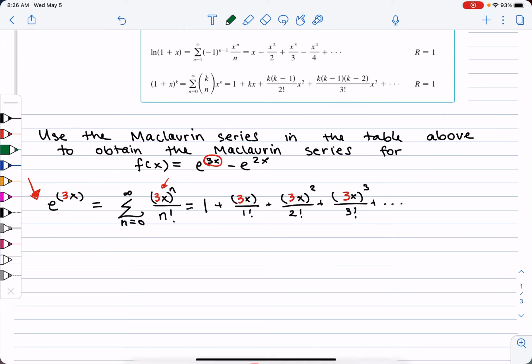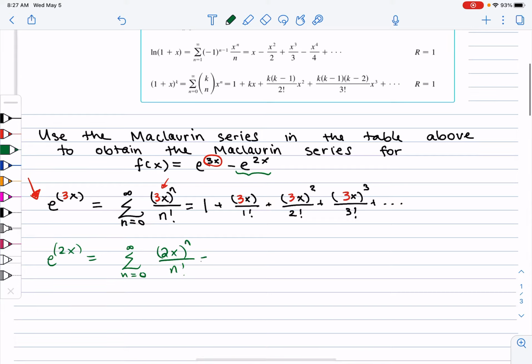The other thing that we want to do is look at e to the 2x. And if we are looking at e to the 2x, then e to the 2x is going to be equal to sigma, as n goes from 0 to infinity, of 2x to the nth power over n factorial.